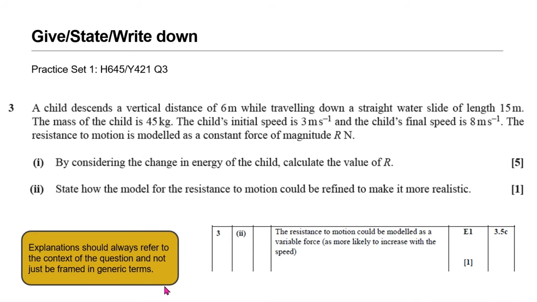There will always be something like that in one of the questions in the paper. And it's important that we don't just offer a vague answer to this question. Put it in the context of the question. And the scheme shows how that can be done.